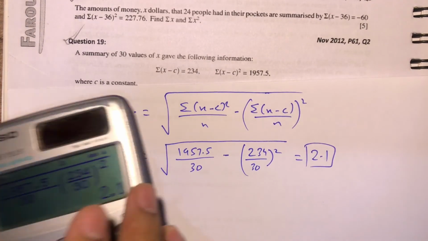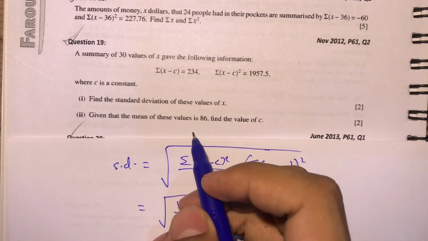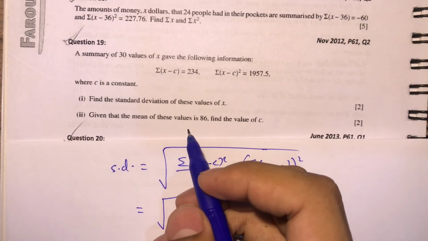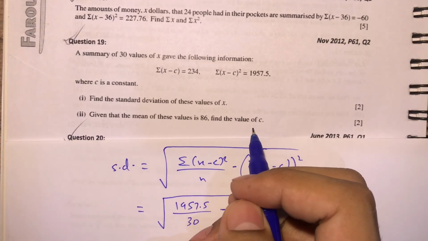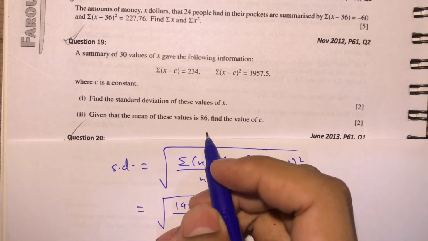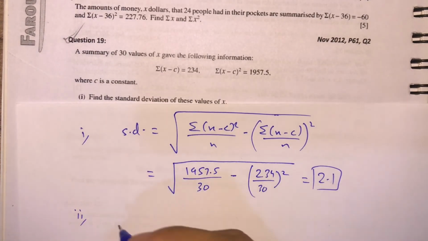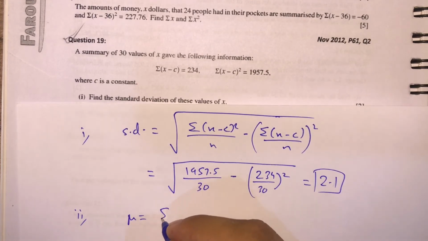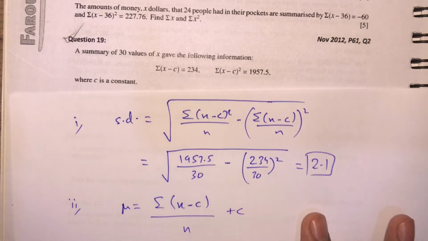That's the first part. Then in the second part they're saying given that the mean of these values is 86, right? So the mean of the values of x is 86, find the value of c. So the mean of the uncoded data is 86, we have to find the value of c. Now in the second part, we'll be using the formula for mean, that is, for coded data, sigma (x minus c) upon n plus c, right?